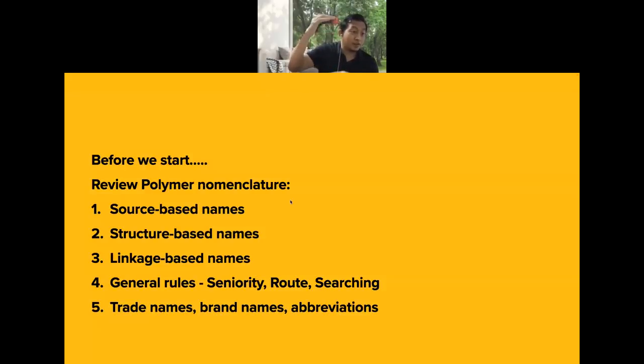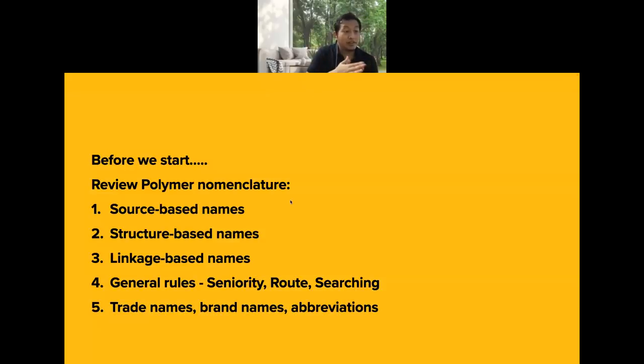What kind of priority is number one, number two, number three, and then you make the name, like which part has the functional groups. I hope you still remember that. So those are the general rules: the seniority, the root, and how to search.